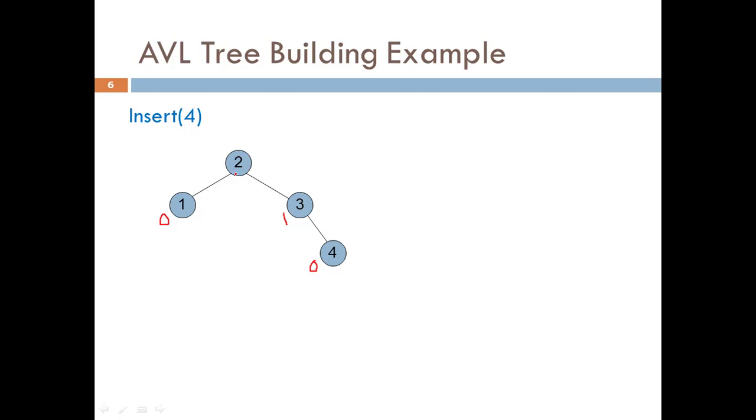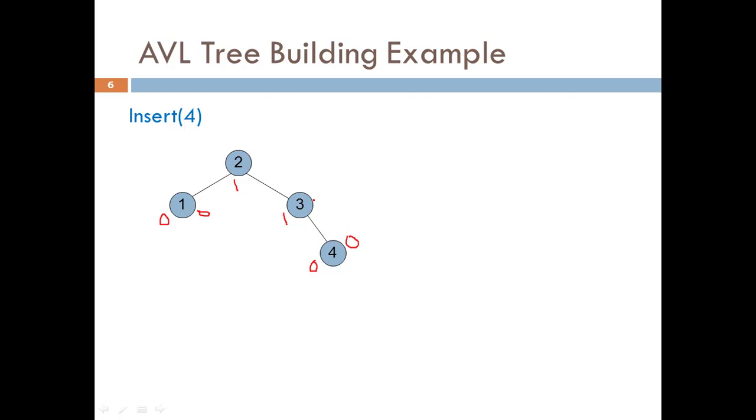So in this case we consider the height of 2 should be 1. Now the balance factor of leaf nodes, we know already that the leaf node will be having balance factor of 0. So this will be also 0 balance factor. I will try to write the balance factors on the upper side and the heights on the lower side.